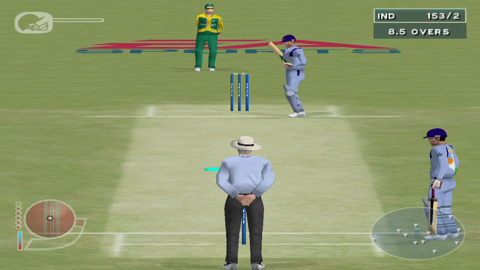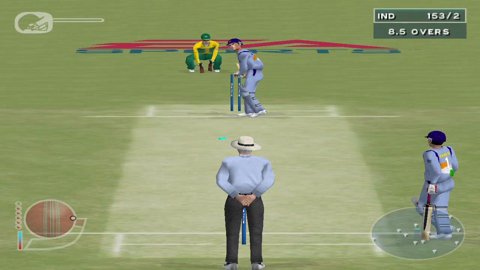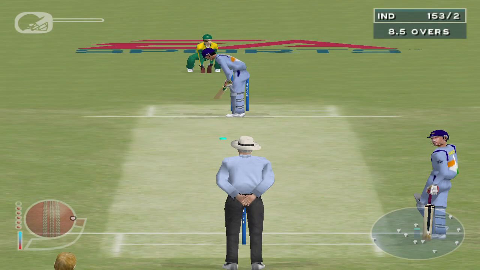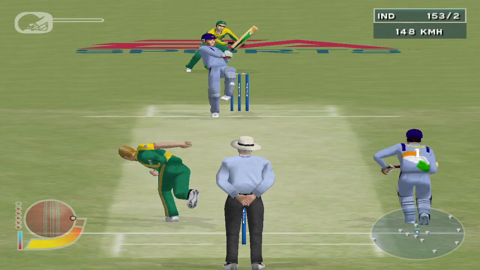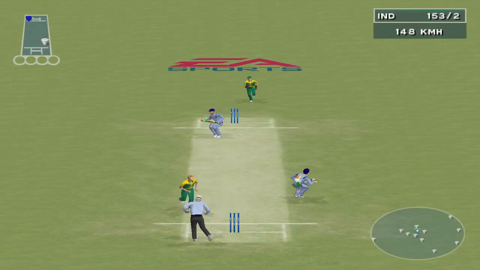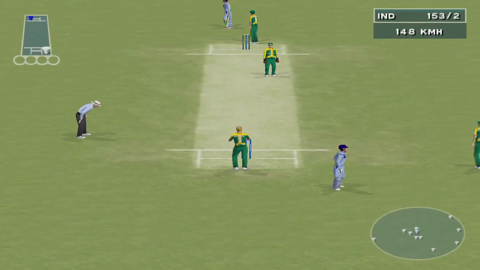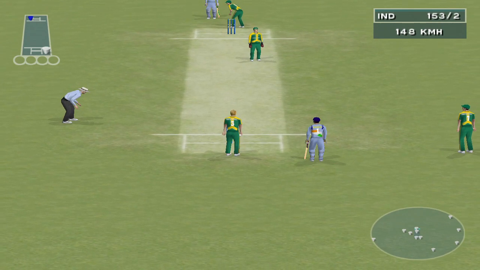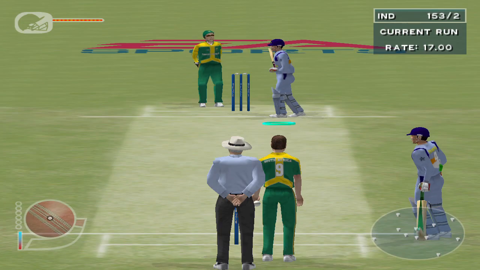India have taken their total on to 153. And the end of the over. Tendulkar is now facing.